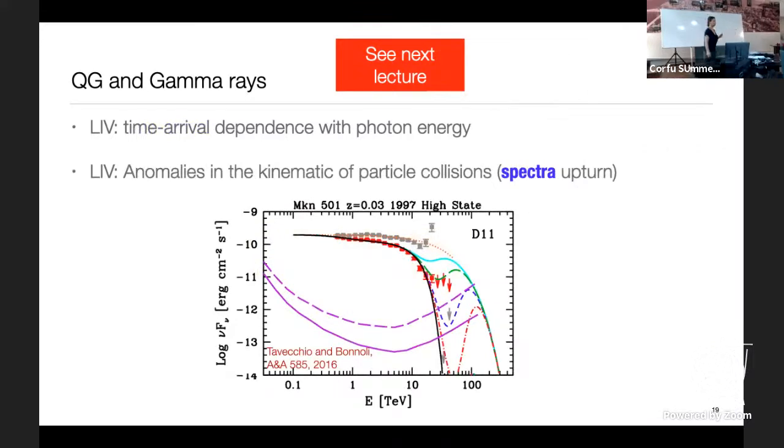Another way to study quantum gravity or search for Lorentz invariance violation with gamma rays is the study of the spectral energy distribution, and in particular the deviation from the standard scenario expected for photon propagation. Again, focus now only on the message that to do so you need to study the spectral energy distribution and see the shape of the spectrum in order to disentangle between models. We will see this on Sunday.